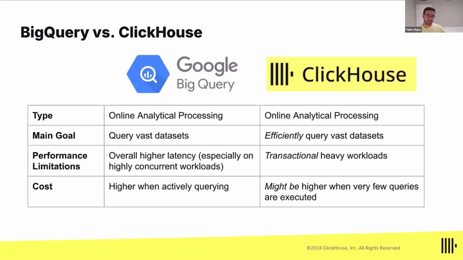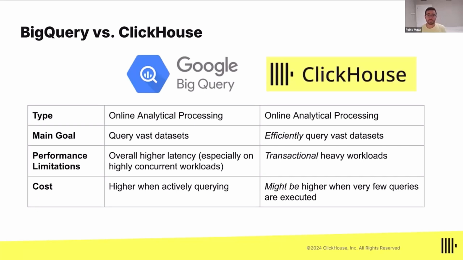In terms of cost, BigQuery will have higher costs when actively querying. So a very common use case that we see of people having a problem or reaching a limit within BigQuery is they actually want to give users the power to run their queries. They want to have people really looking into the data, and then costs become higher and higher and higher because you're charged by the query, right?